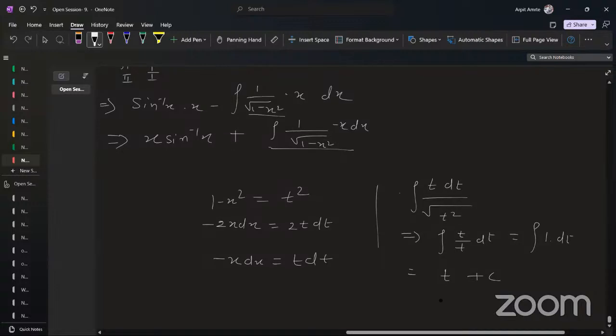And t is root over 1 minus x square, plus c. We are taking only the positive root, not the negative one.